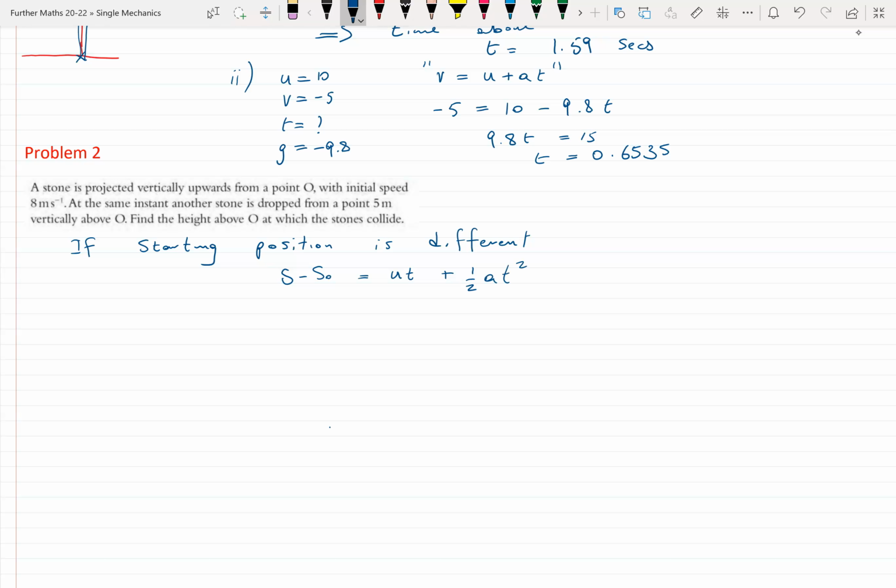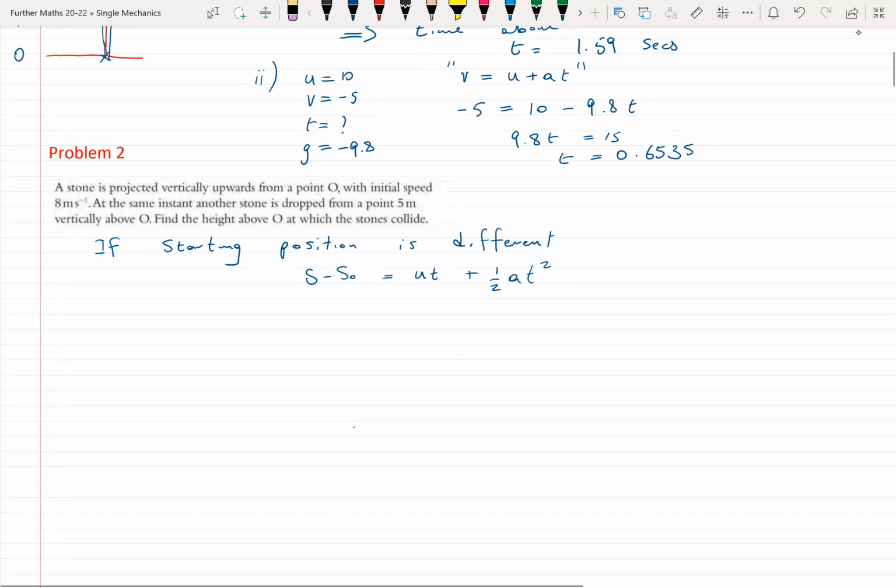This enables us to compare the position of two different particles so that S is consistent between the two.